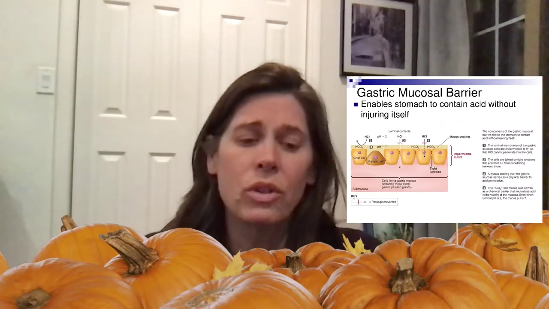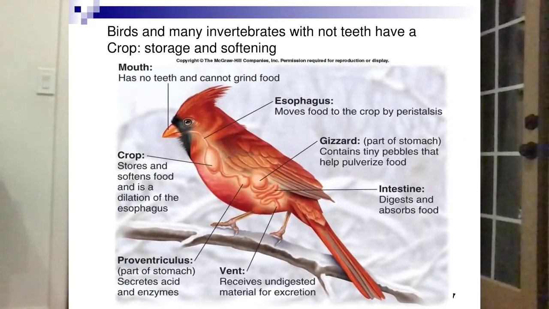Okay. So here's some little differences in other animals. So we were using a human as an example, but here's the digestive system of a bird so far. And one of the things with birds and many other animals, they don't have teeth, right? Birds have a beak, but they don't have teeth. So what they do is they'll take in whole pieces of food and just swallow them.